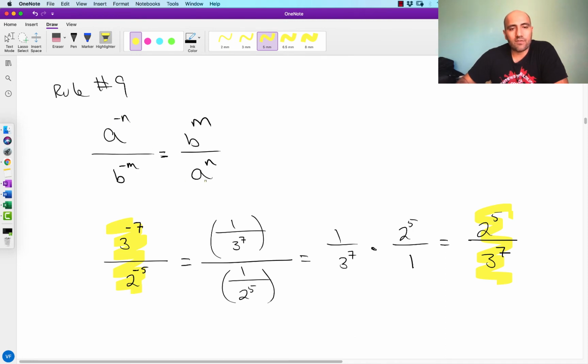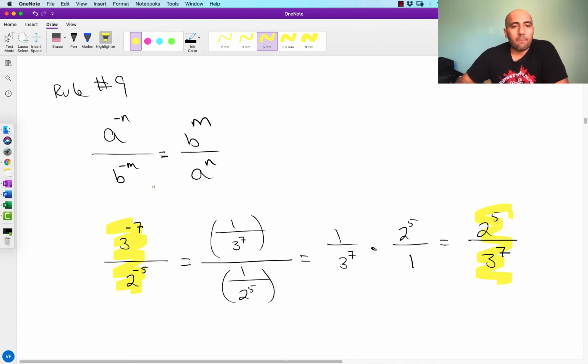We move it down to the denominator and make it a positive one. And then for this one, we started off with an exponential number with a negative in the exponent here, and we end up with it up in the numerator with a positive exponent. Right? We started with 2 to the negative 5 there. It ends up with 2 to the positive 5 there. Okay, so this is the reason why that's true.